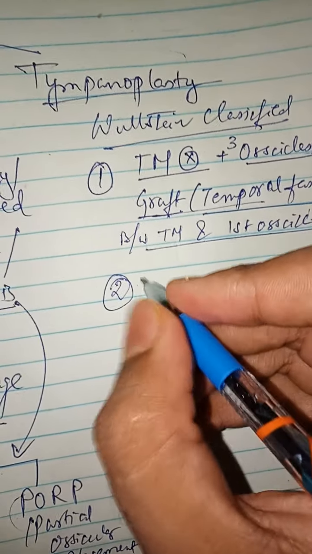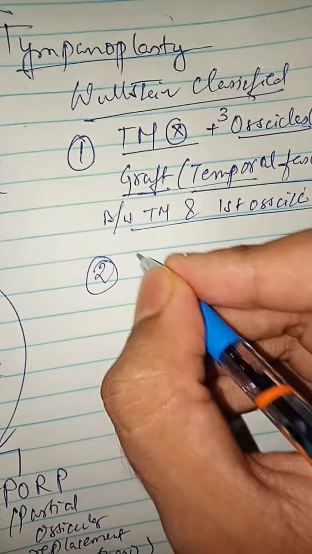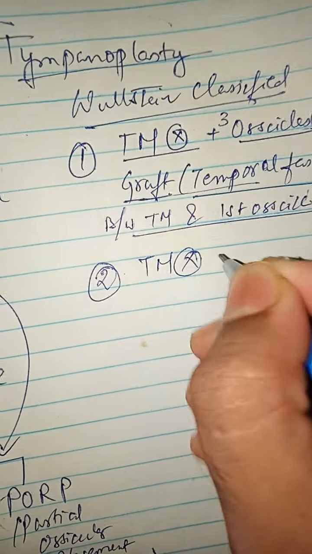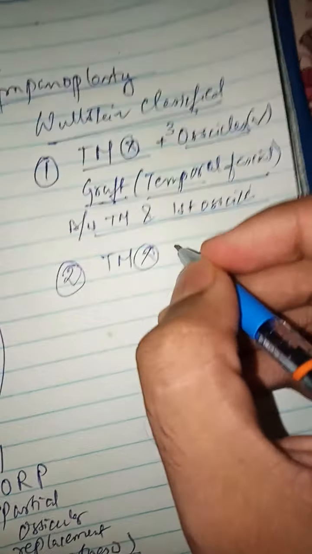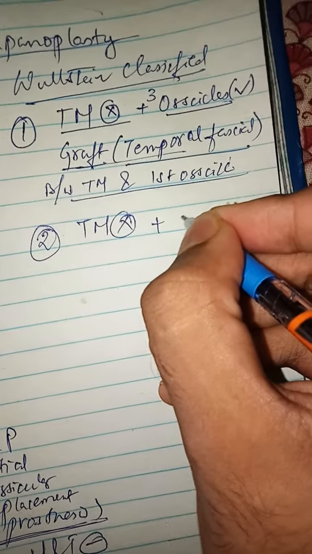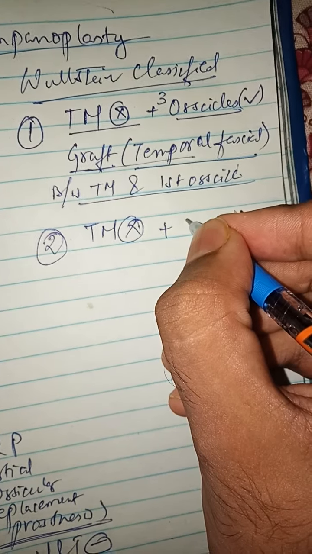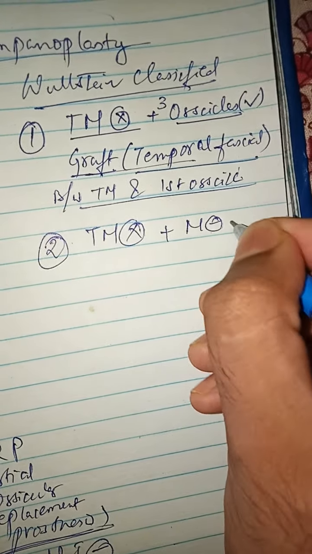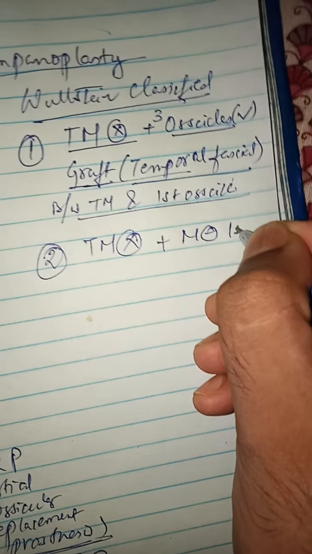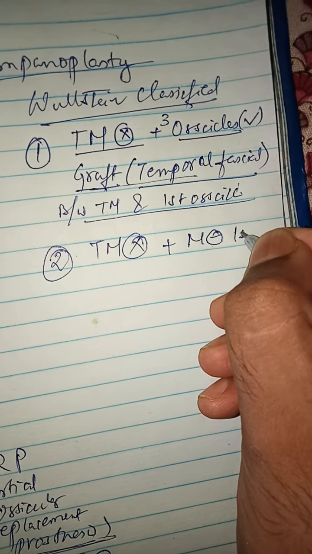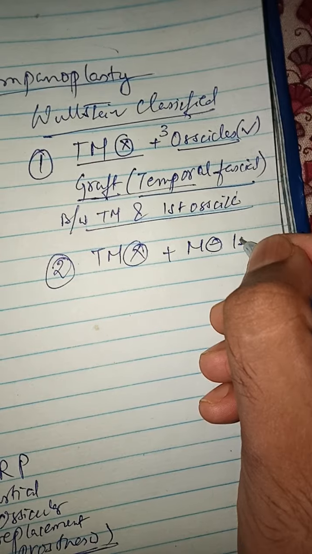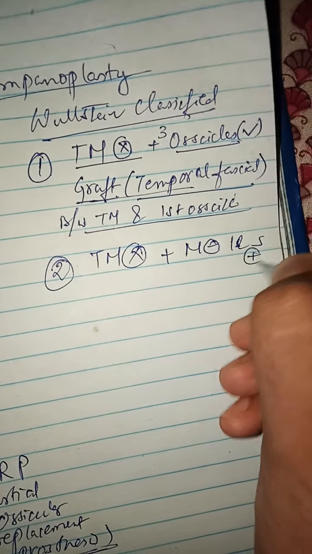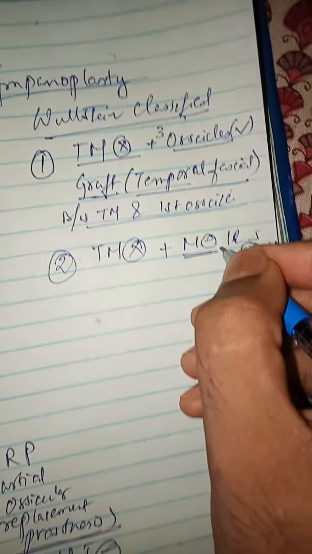In type 2, the tympanic membrane is perforated. There is a central large perforation, along with the malleus being eroded. Incus and stapes are present, but the malleus is eroded, so the handle of the malleus is eroded.